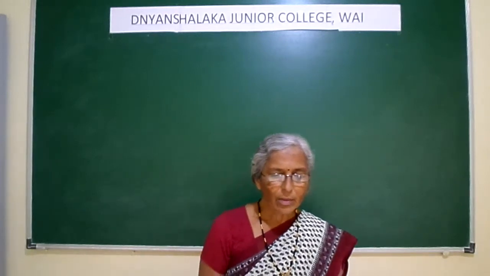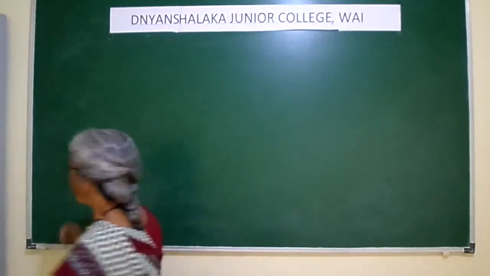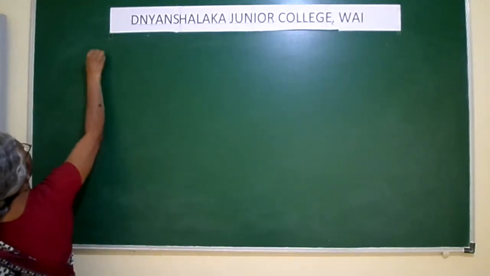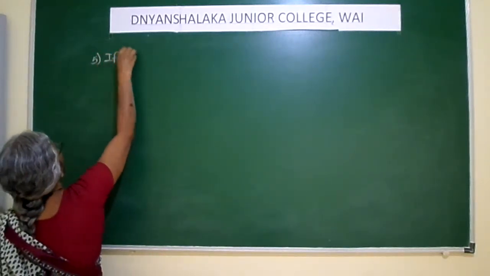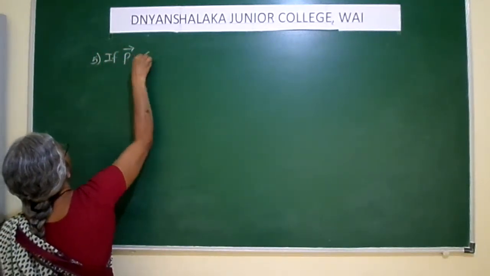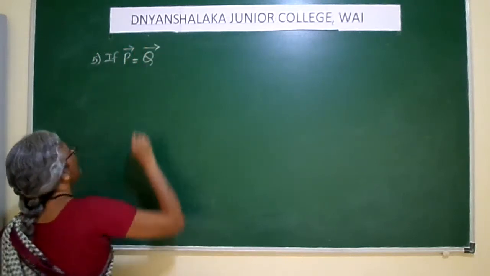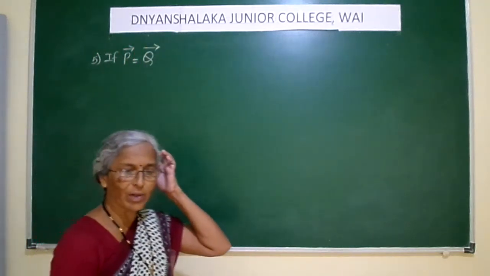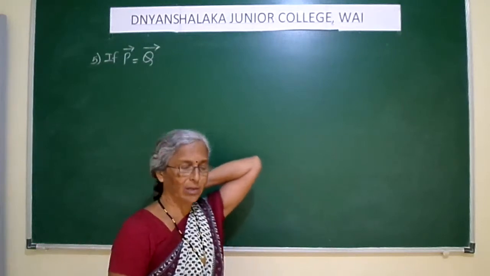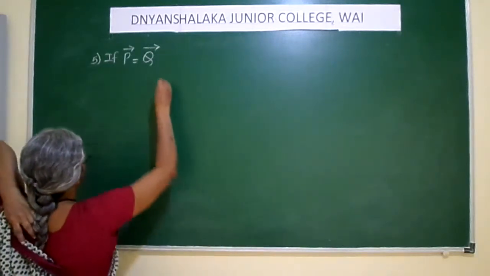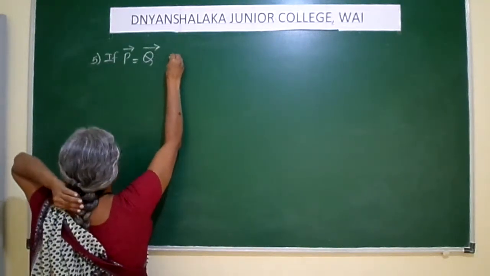Now, if we have vector p equal to vector q. If these vectors are equal vectors, if vector p is equal to vector q, then what can I say, students?